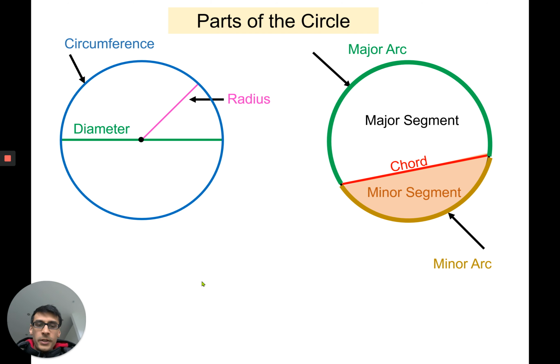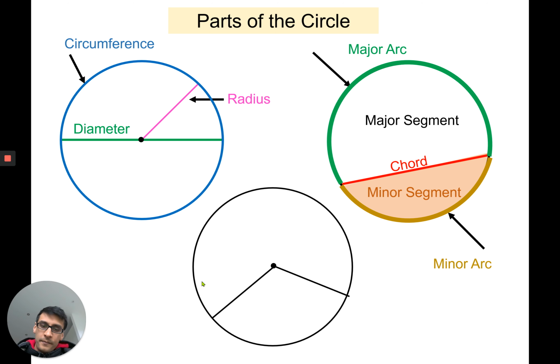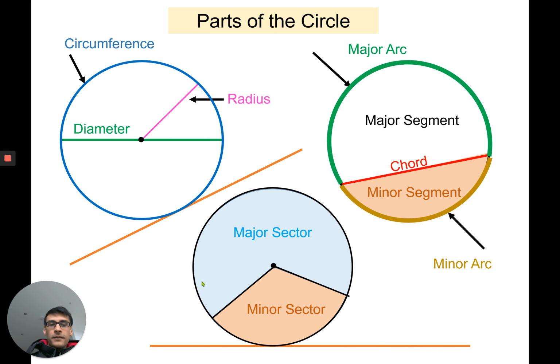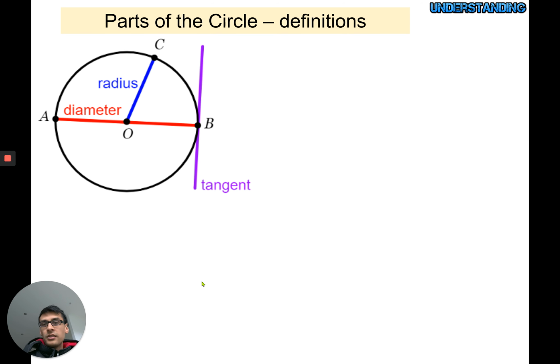And then you also have the minor sector and the major sector. Again, you can figure out why it's called minor and major just by logic. And if you have a line that touches a circle at one point only, then that's the tangent.